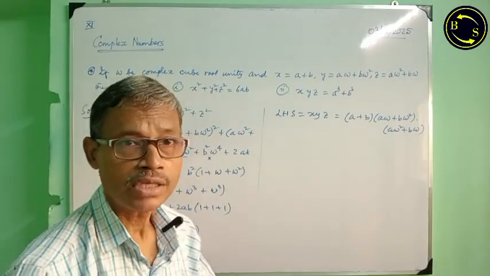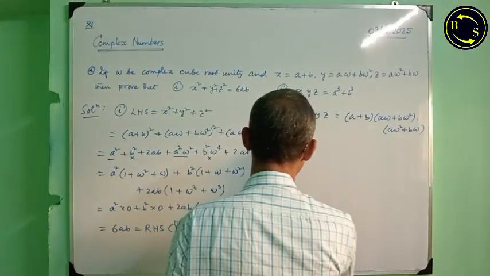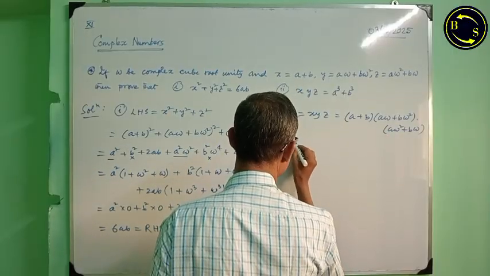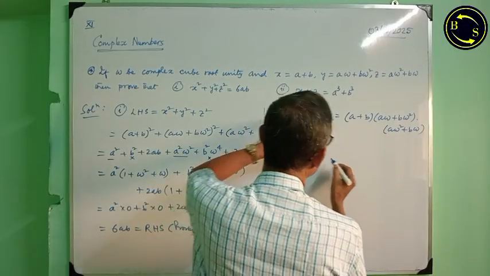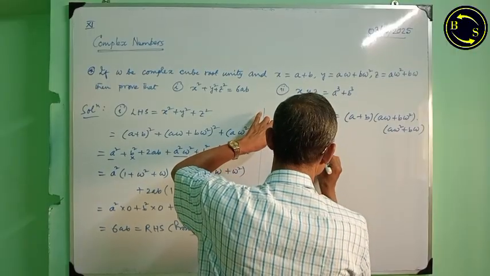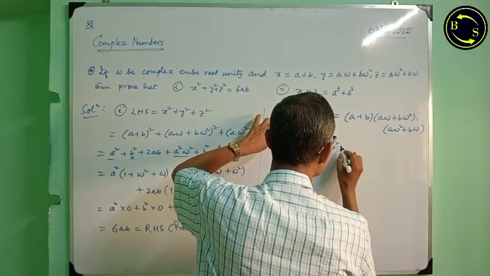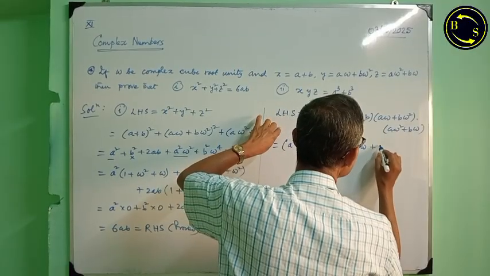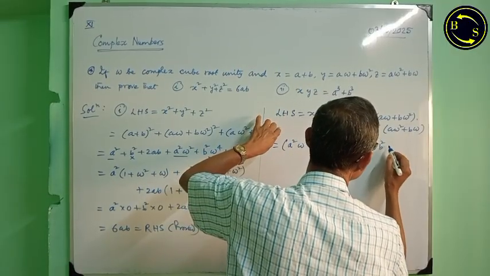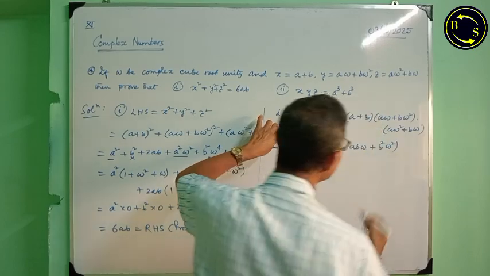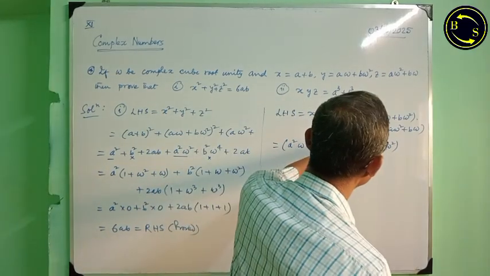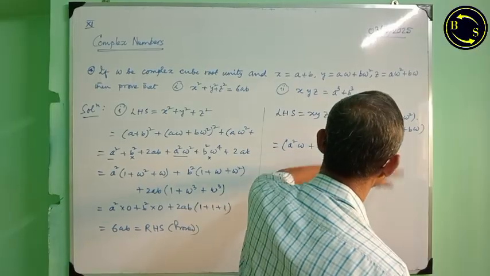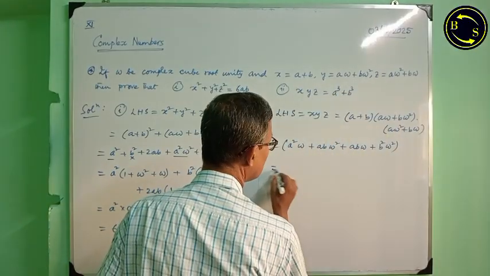I shall multiply successively. First these two expressions: a square omega plus ab omega square plus ab omega plus b square omega square.